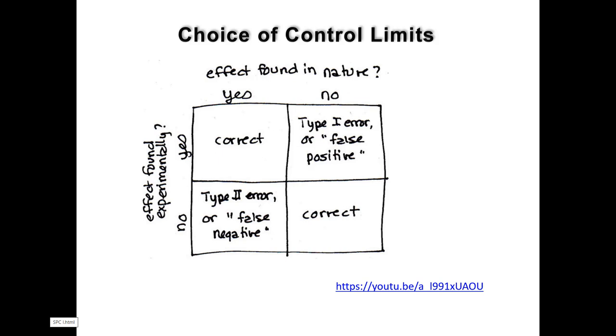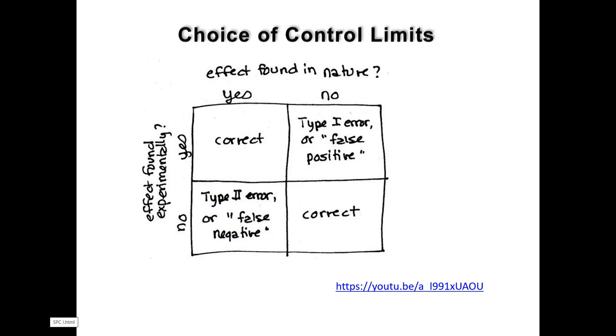Remember, under hypothesis testing, we have the null hypothesis and we have to decide whether or not to reject the null hypothesis. So how do we do that? By comparing our computed test statistic and the test criteria.